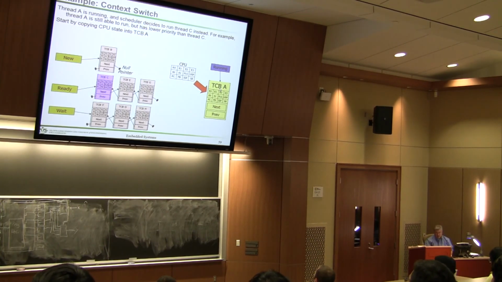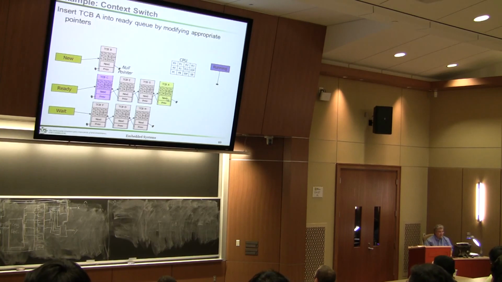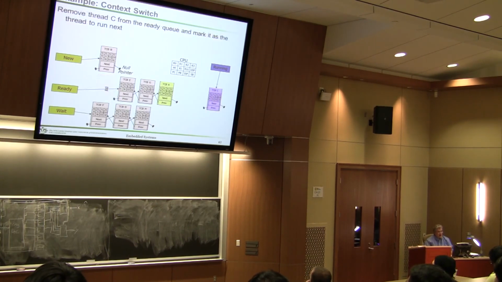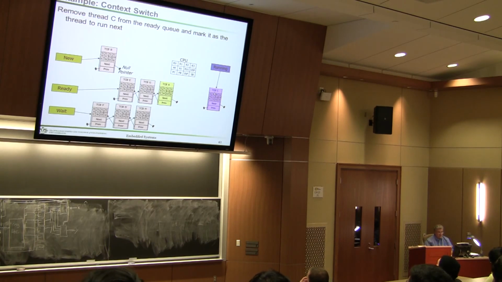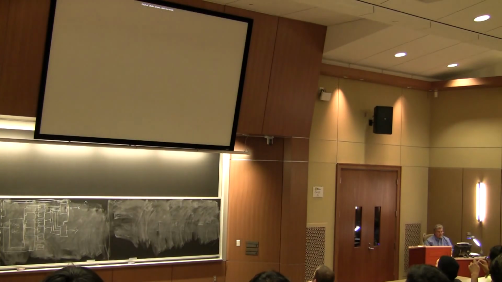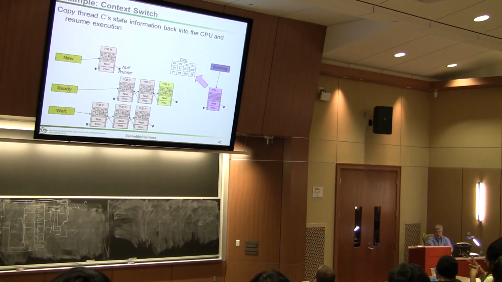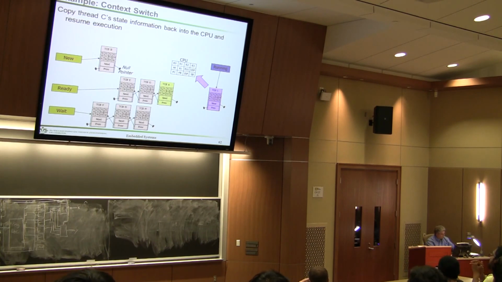Since A was preempted, we will add it to the end of our ready queue. This is just a linked list. Then we will take thread C off of the ready queue, and copy all of the register data from memory into the actual central processing unit registers, and it will stop running that thread. And that is how you will switch between different processes running in our microcontroller.